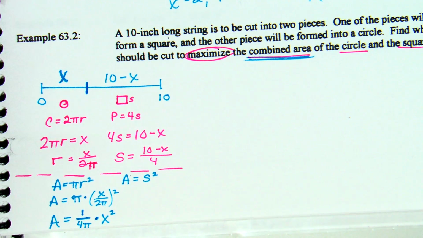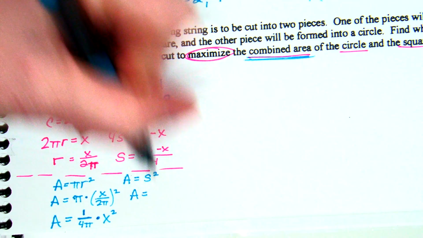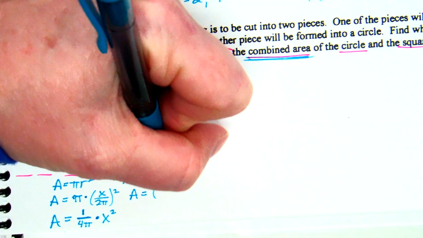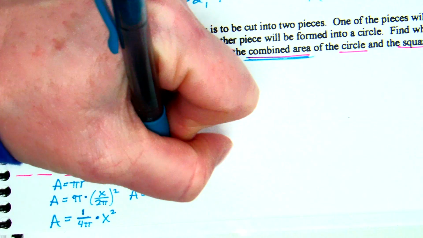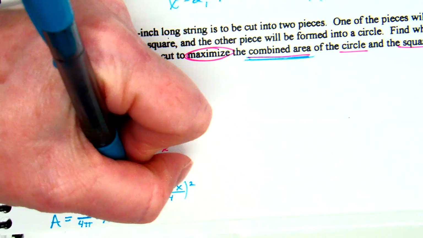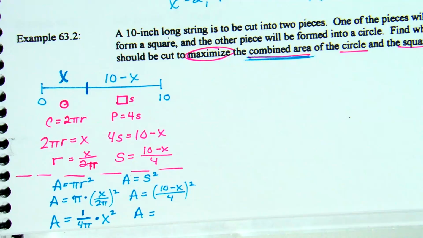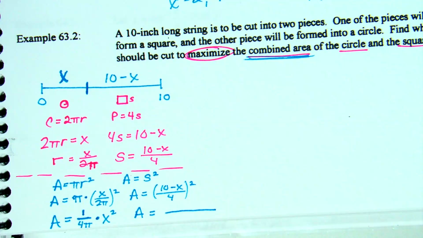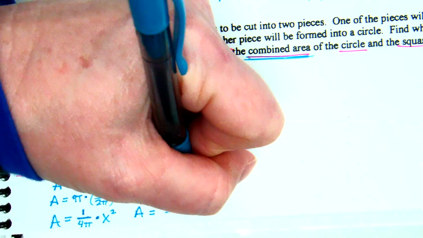Same type of thing for the area of the square. It's A equals s squared, except what are we using for s? 10 minus x over 4, quantity squared. If we square this fraction, numerator times numerator, denominator times denominator, right? So if we get the easy one out of the way, in the denominator, 4 squared is 16.